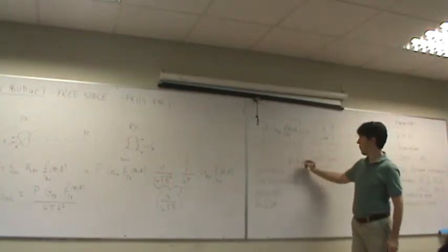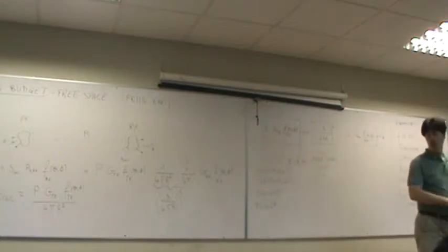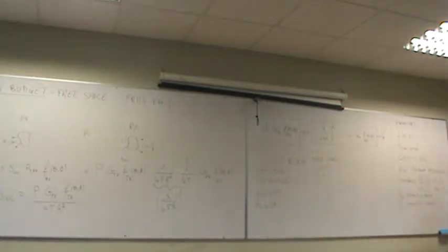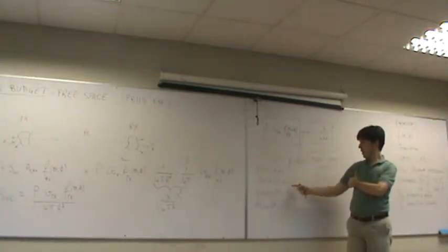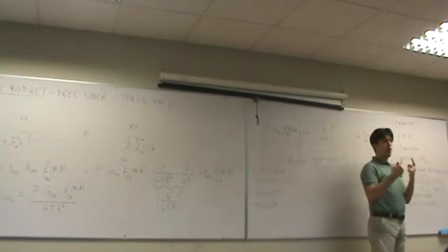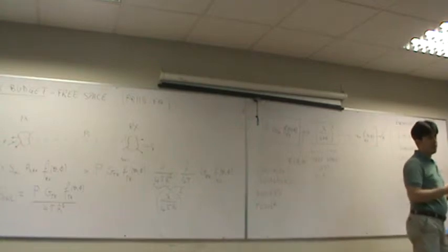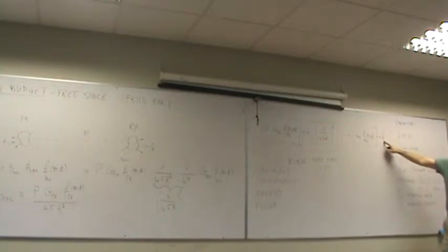The dimension of this number is watt, obviously. Why is it important? What is this, first of all? Well, as the name says, it is the power that you should radiate with an isotropic antenna to have the same power at the receiver.